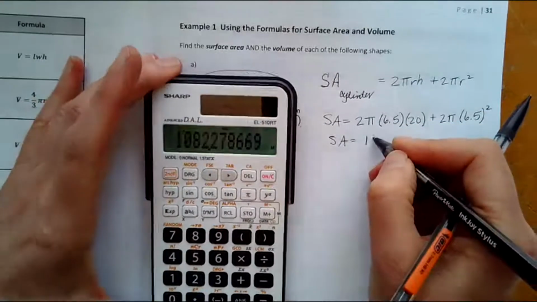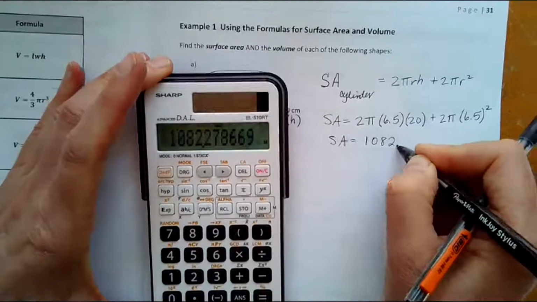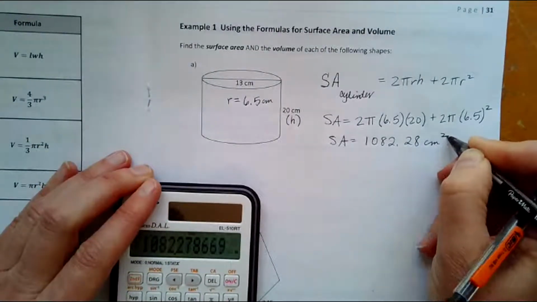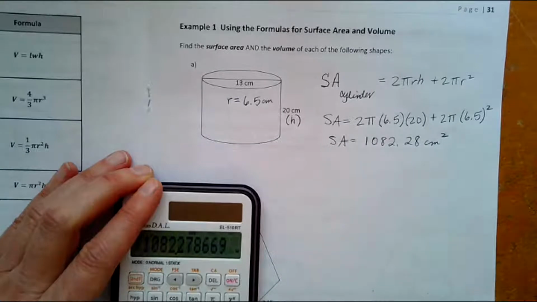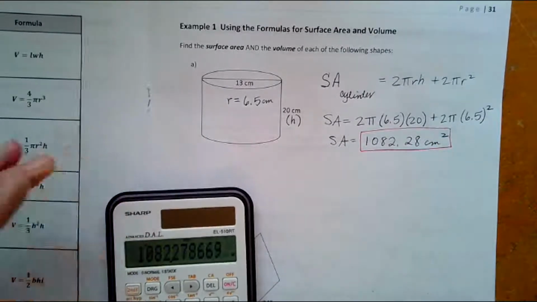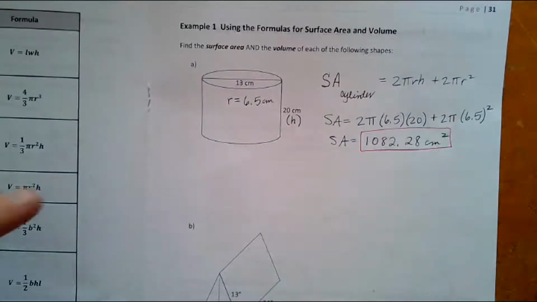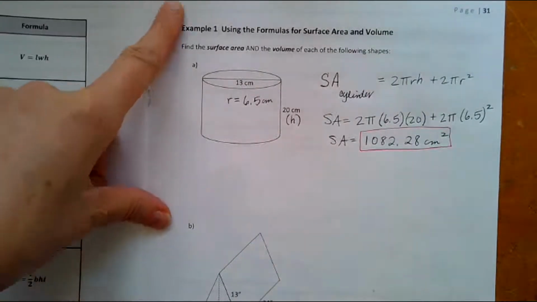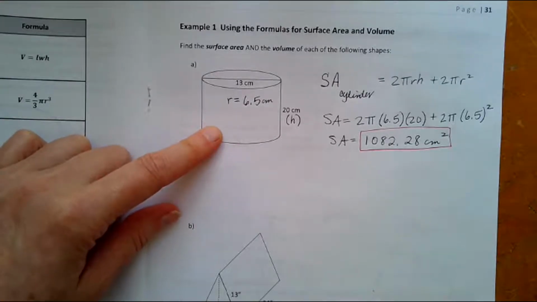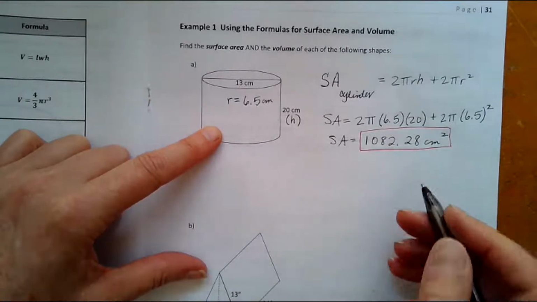So I get 1082.28 centimeters squared. Okay, so not too difficult as long as you recognize the parts. So again, if I was manufacturing this, perhaps a juice can out of some kind of metal, this is how much metal I would need to buy.